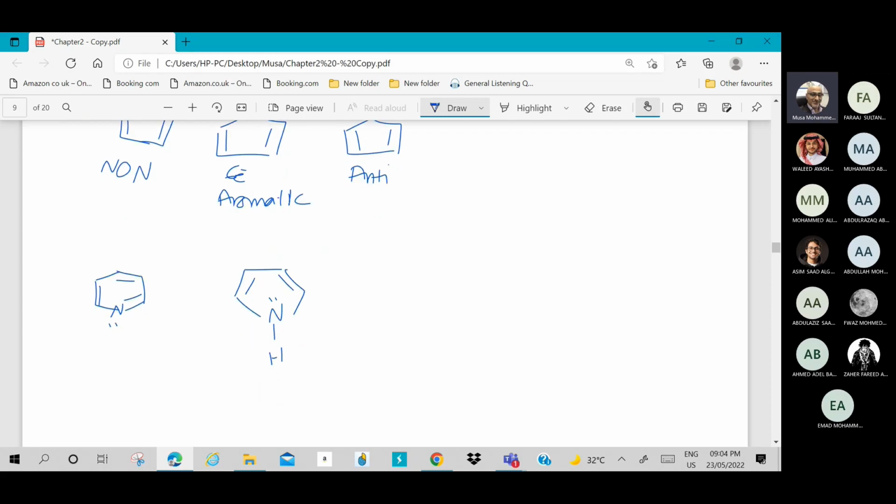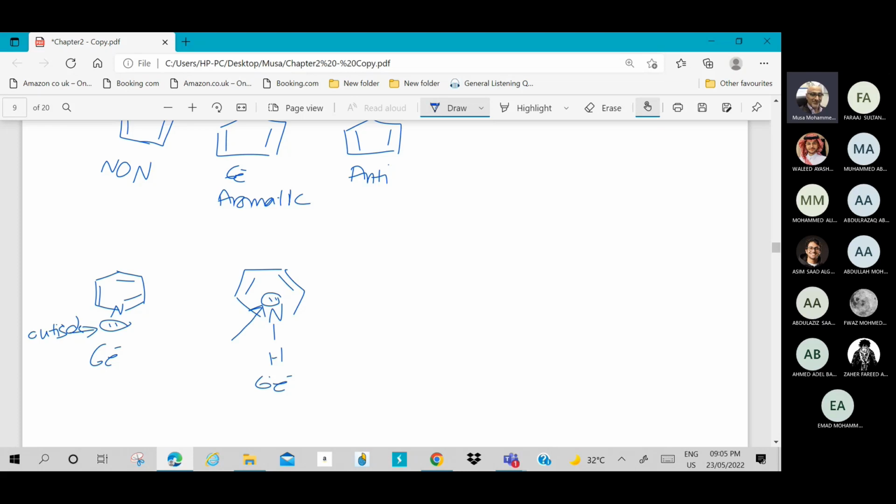Now, which one is more basic? The left side or the right side? The way we should think about this is the following. Both systems are aromatic, but this lone pair here is needed in order to make this system 6 electrons, because this system is 6 electrons without the lone pair. So this is outside the aromatic system, and this is within the aromatic system.